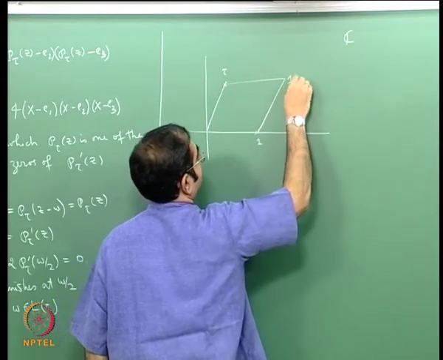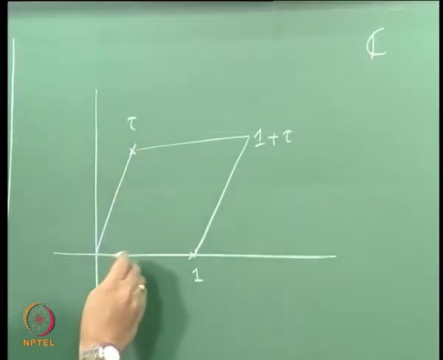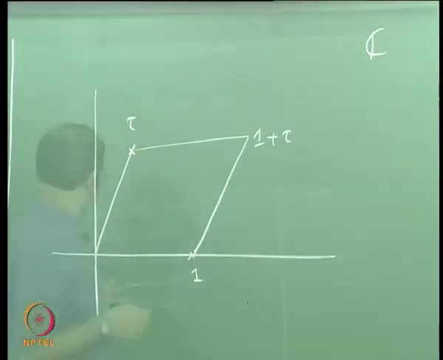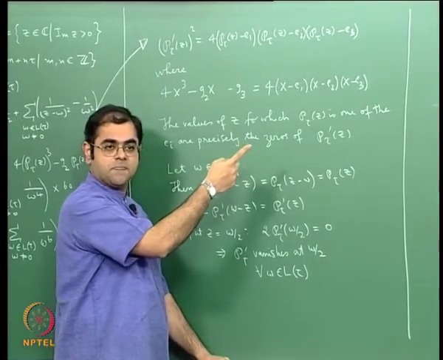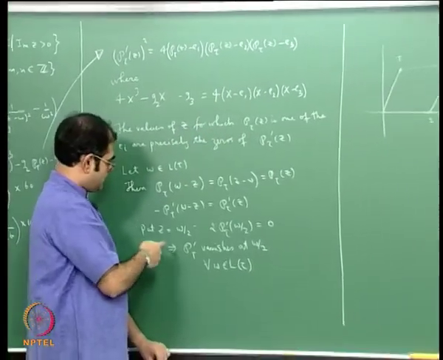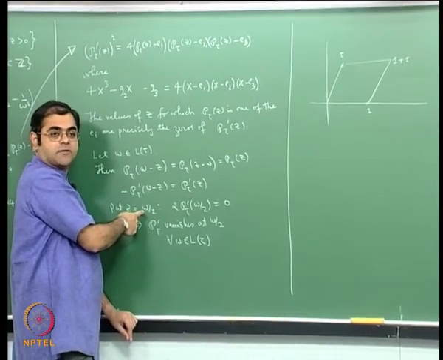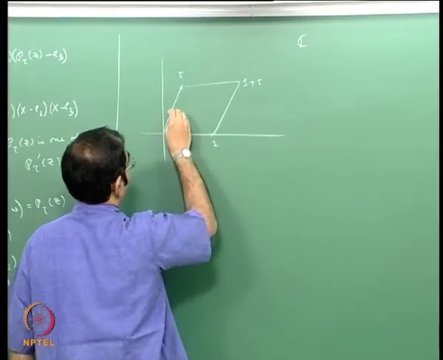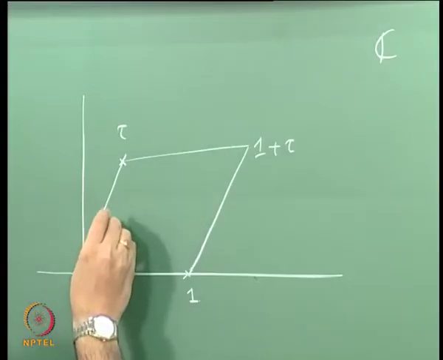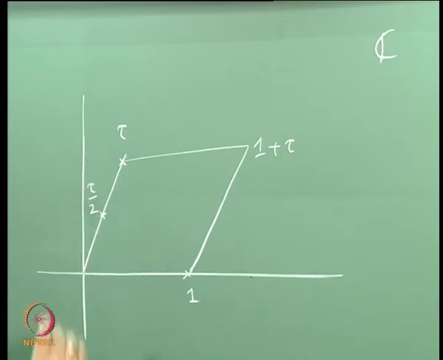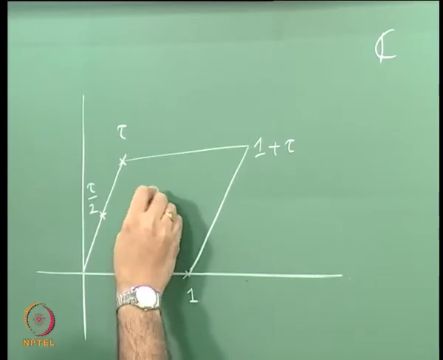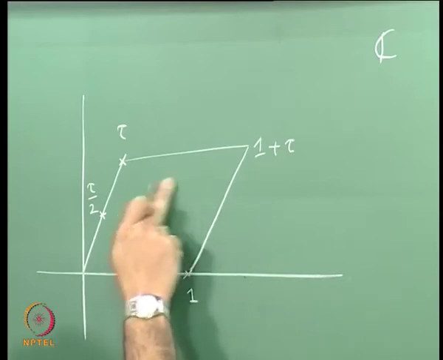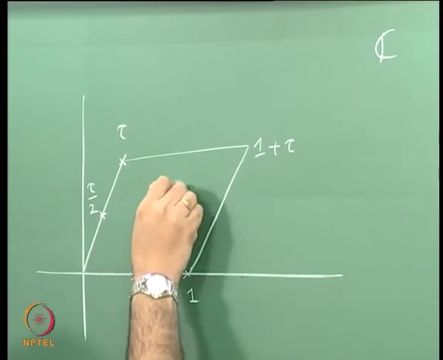This point is 1 plus tau. The 3 distinct zeros I can immediately spot in the closure of that parallelogram are one half, tau by 2, and 1 plus tau by 2. So I will get a 0 here, which is tau by 2, a 0 here, which is half, and a 0 here, which is 1 plus tau by 2.